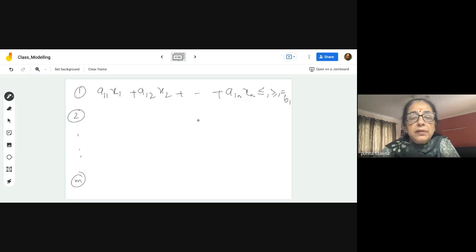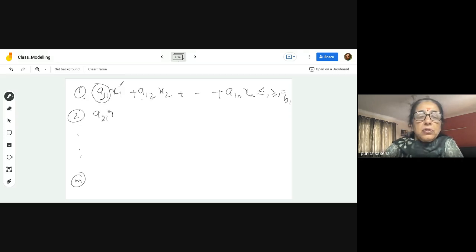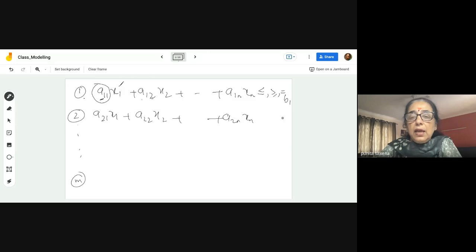equal to b1. So a11 is the per unit utilization of the first resource for the first decision variable. Similarly, a12 becomes the per unit consumption of the first resource for the second variable, and so on and so forth. Similarly, the second constraint would be something like a21 x1 plus a22 x2 up to a2n xn, less than or equal to b2, and so on.